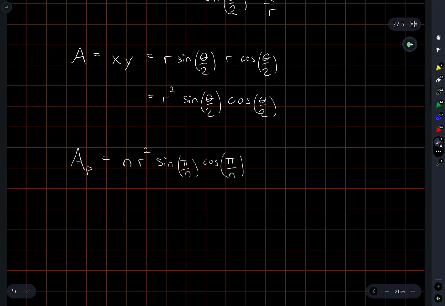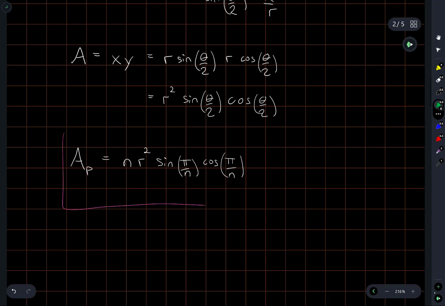And you can kind of see that here, right? That will go to 1. There's the r squared in the area of circle formula. And then the product of these two things as n goes to infinity, I guess will go to pi, right? It's like a sine x over x type thing, but there's an extra factor of pi in there.